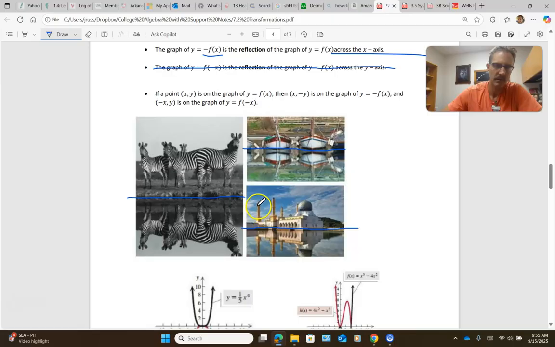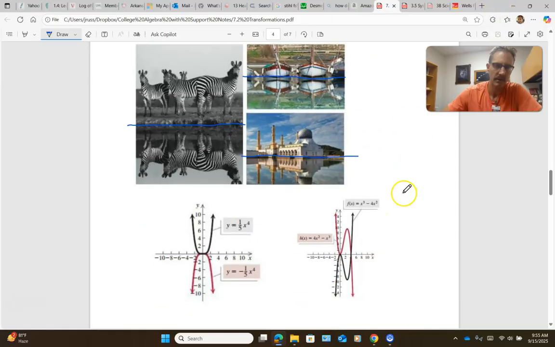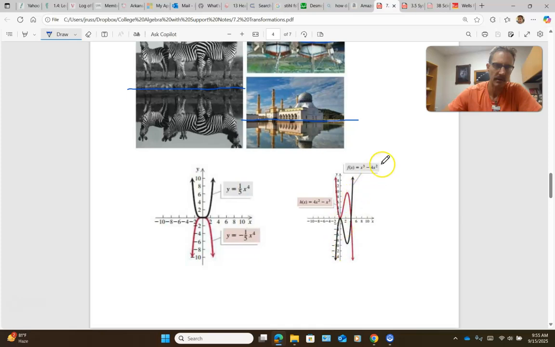You can give all their y-coordinates negatives, and you'll get this image below, the reflection in the water. And here's another example. Don't worry too much about that one.